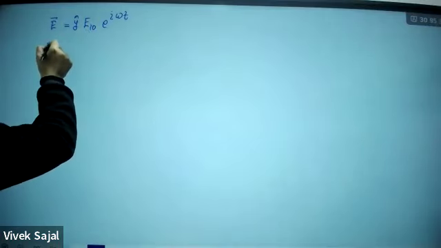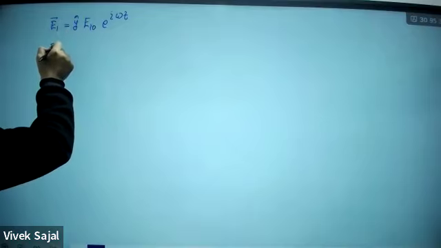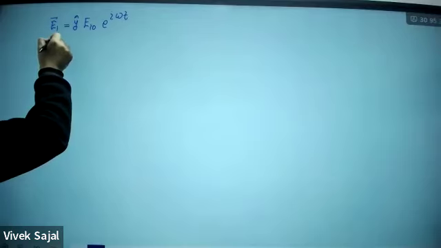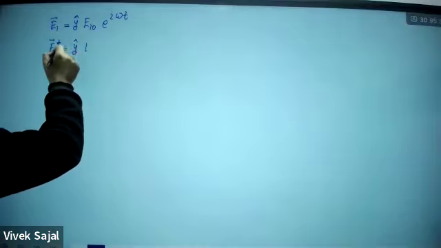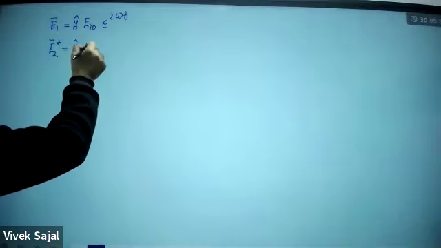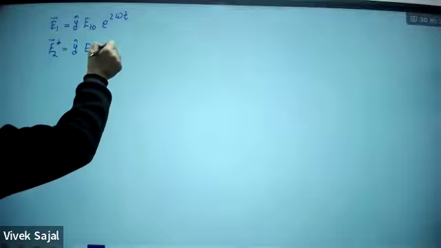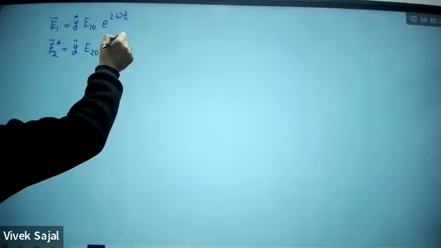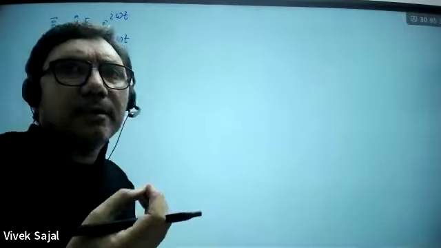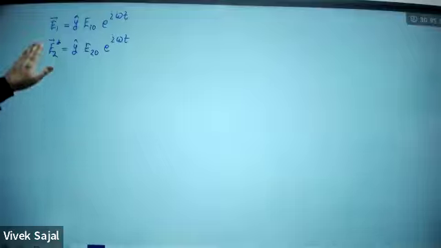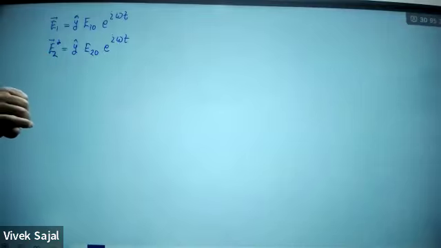What will be its complex conjugate? Its complex conjugate will be this one, along y cap. This is E2, so this will be E2 naught e to the power iota omega t. So whatever light is emerging from S1 and S2, their electric field profiles are these.